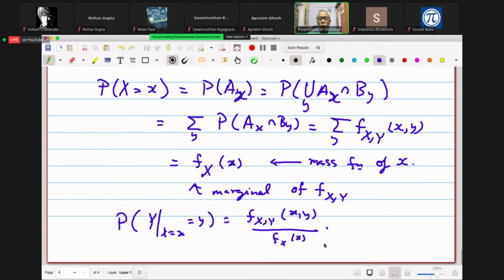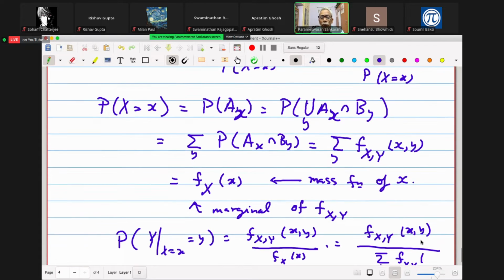Sometimes people write this also by substituting this: f_XY divided by the summation over y of f_XY. What did I do?